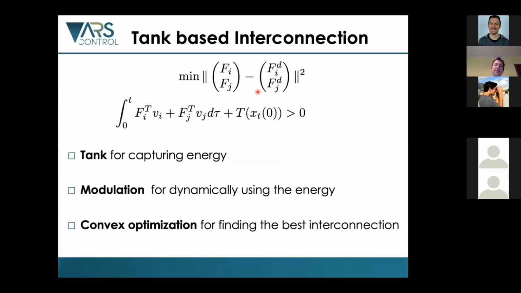So I have the tank that captures energy and that completely unconstrains the kind of dynamic behavior you can implement with your system. And the optimization problem modulates the matrices A that you have seen in the previous slides, for modulating the use of energy and implementing the desired interconnection. And everything is easy from a computational point of view because everything is convex.